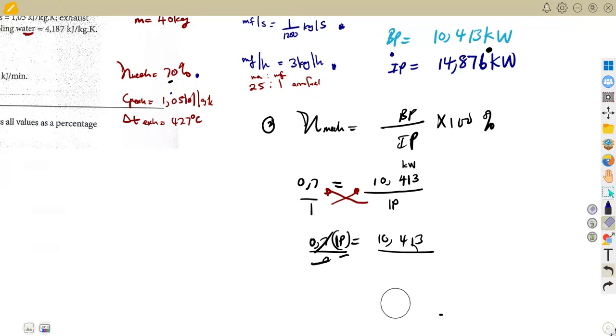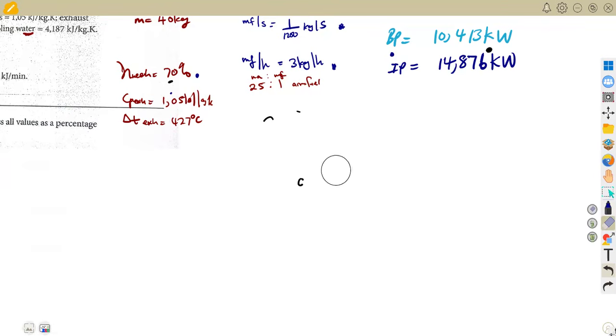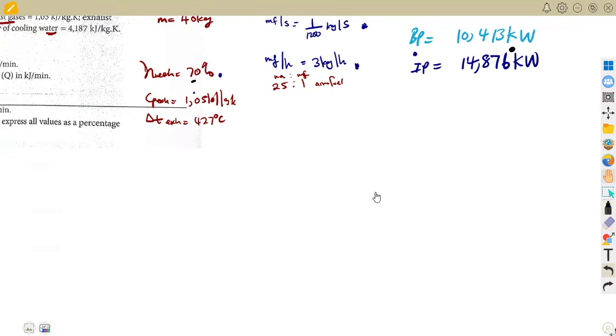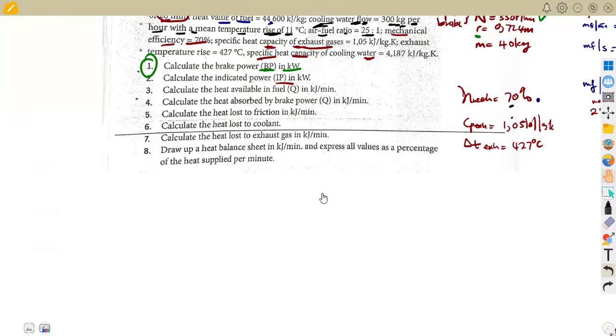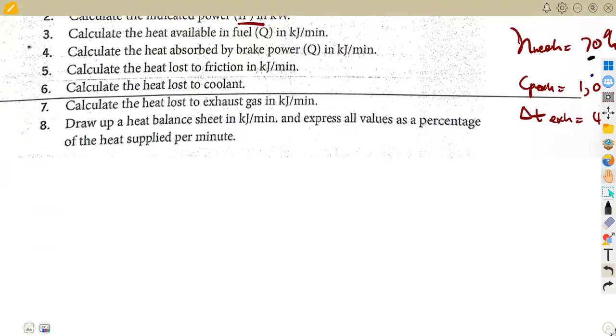Okay, let's see. Different questions to answer here. Let us check another part. Calculate the heat, on this part, number 3. They are saying, calculate the heat available in fuel, which is Q, in kilojoules per minute.